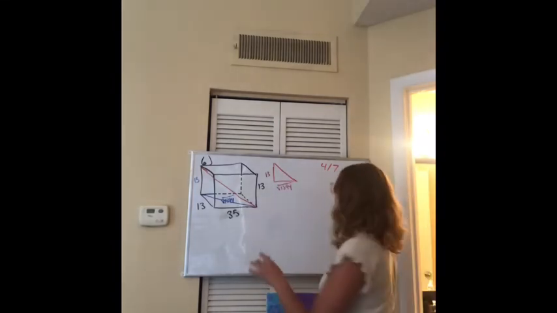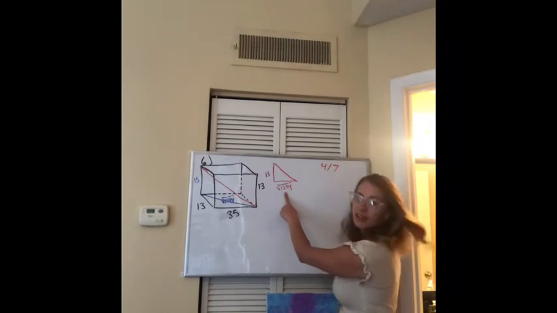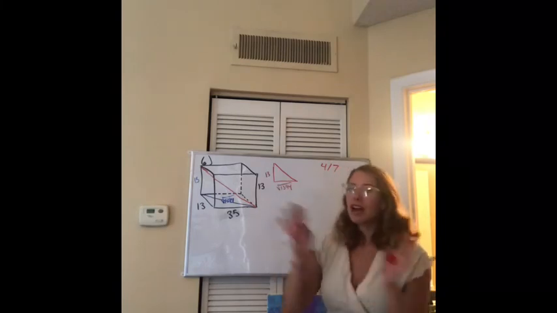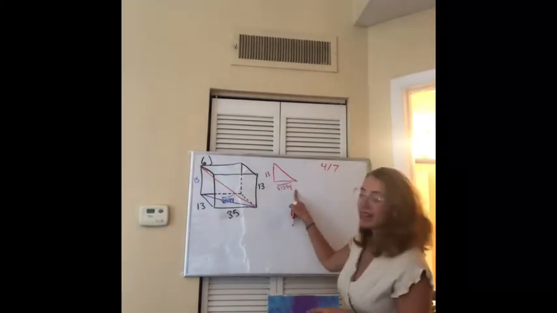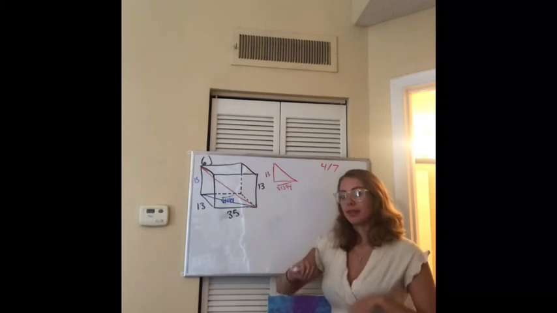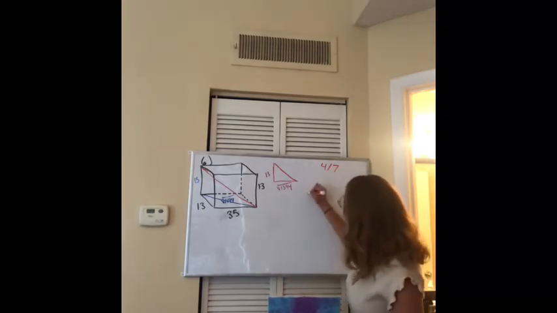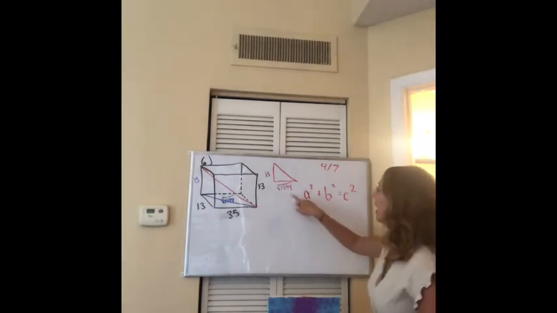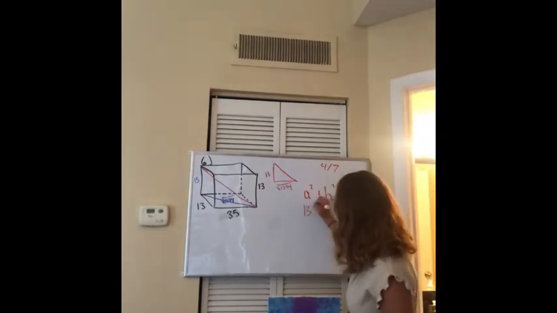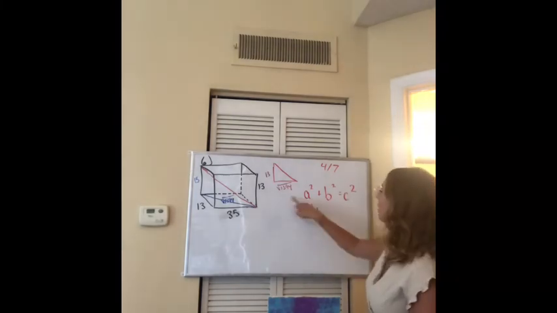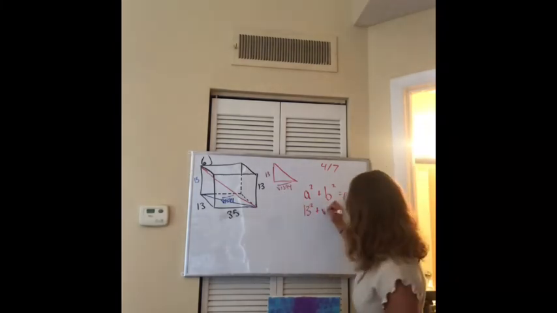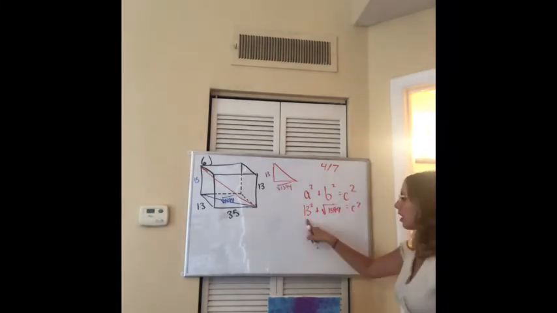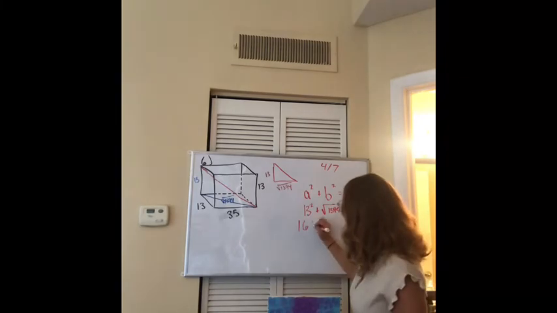The reason that I'm using the square root of 1,394 is because when we square this, we're not going to get a decimal, because the opposite of a square root is squaring something, and I'll show you what I mean in a minute. a squared plus b squared equals c squared. Our a value is 13, so 13 squared plus our b value, the square root of 1,394, equals c squared. 13 times 13 is 169.